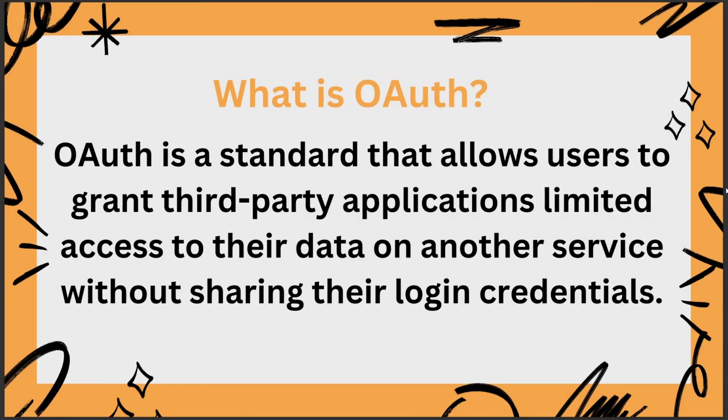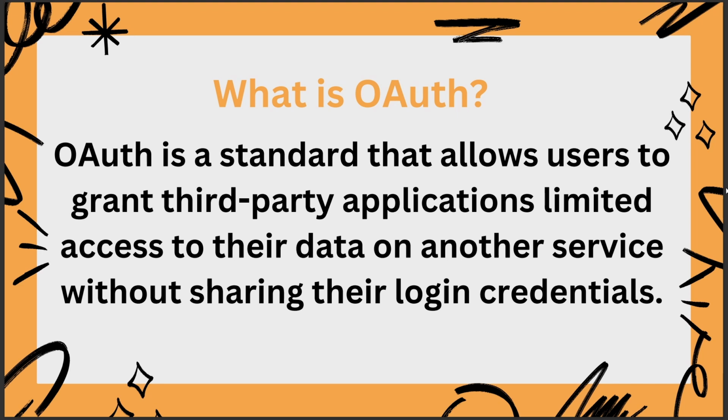So let's look at the difference between what Auth0 is and what OAuth is. We've just said that Auth0 is the platform that provides you with authorization and authentication services, and now OAuth is a standard that allows users to grant third-party applications limited access to their data on another service without sharing the login credentials.